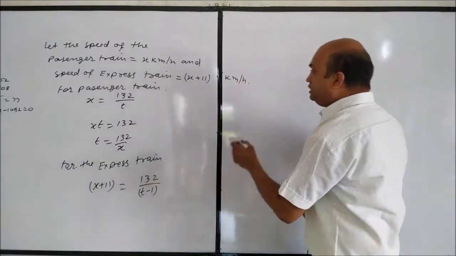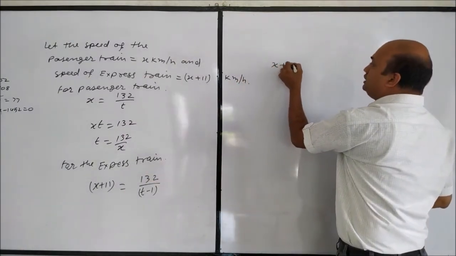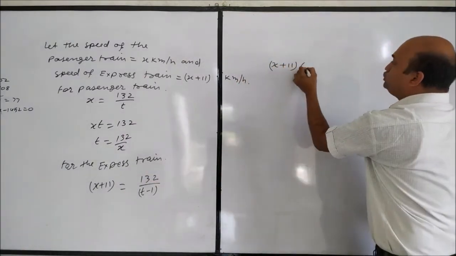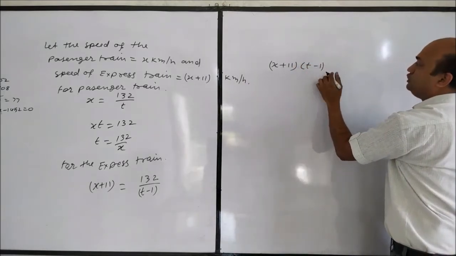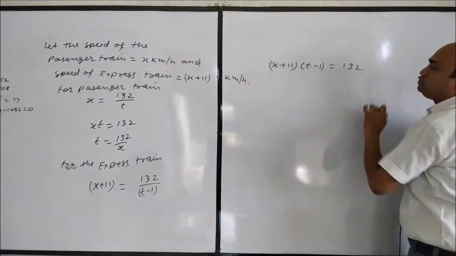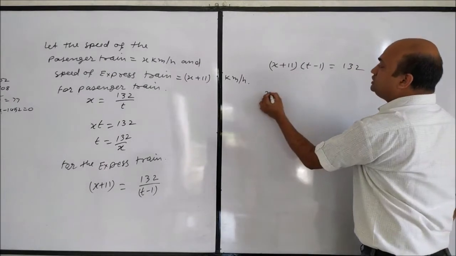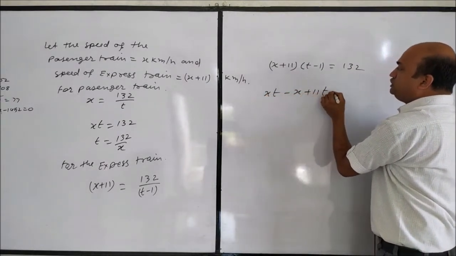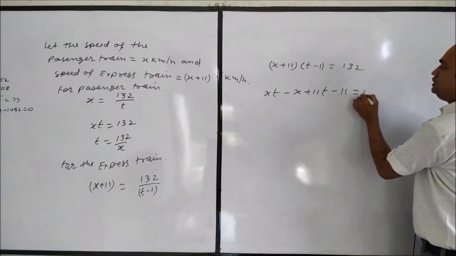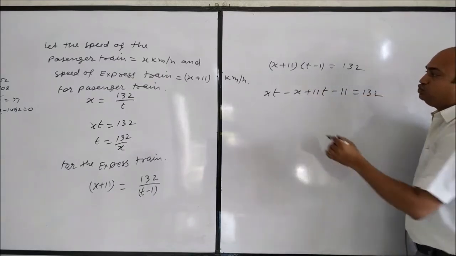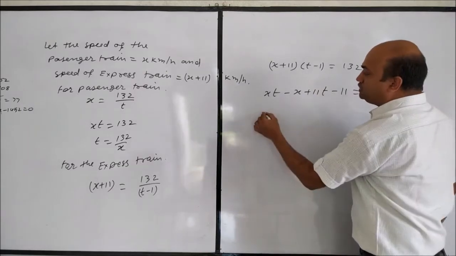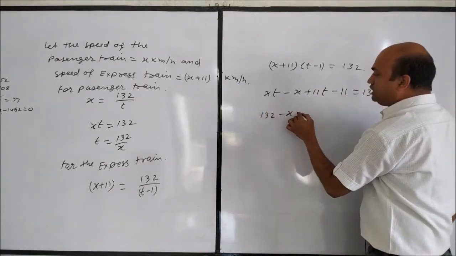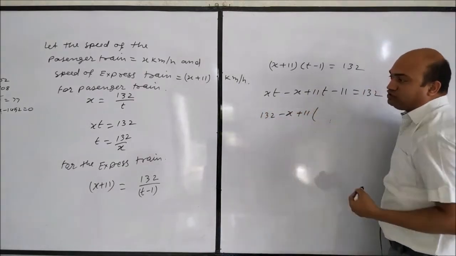This we cross multiply here. It is x plus 11 into t minus 1 is equal to 132. Multiply inside. It is xt minus x plus 11t minus 11 is equal to 132. Xt we put as 132 minus x plus 11 into t.